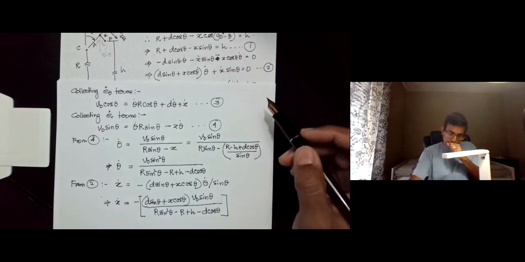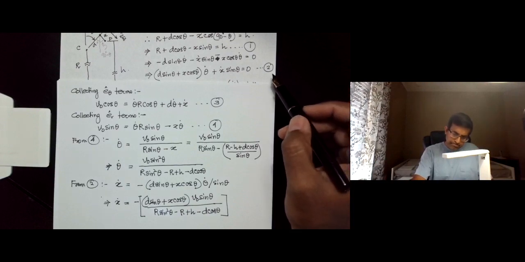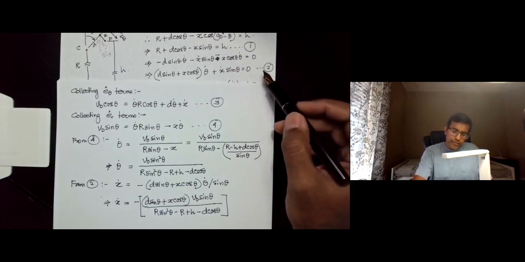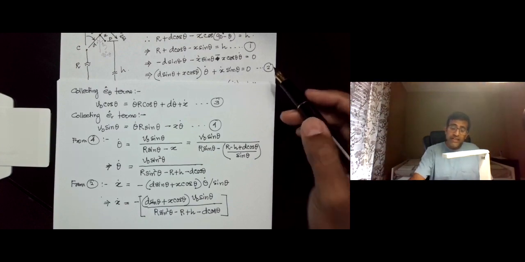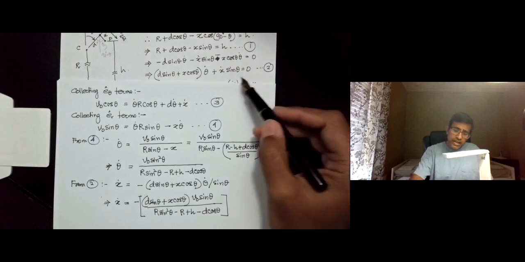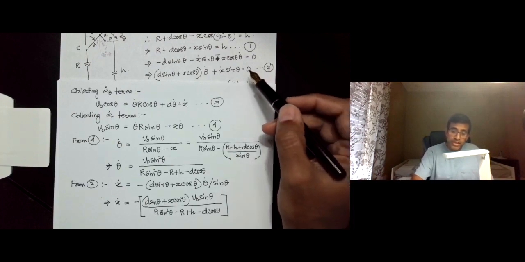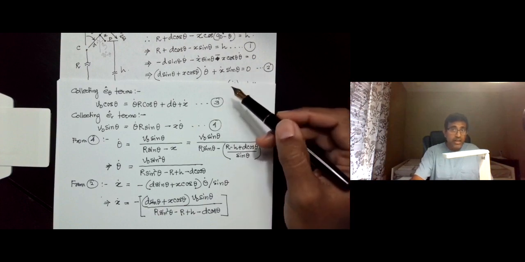So this equation 2 must not be a completely new equation. In fact, because it deals with velocities, this equation 2 should be derivable from 3 and 4. Otherwise you have created new information, which means that potentially x dot calculated from 2 and 3 are going to be different.